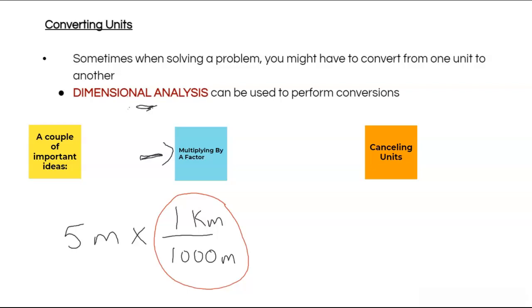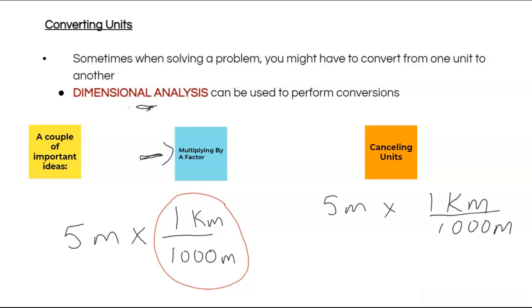Now, the second part that I want to talk about is canceling units. I'm going to use the same example as I've just used, right? I've got 5 meters, and I'm going to multiply that by 1 kilometer divided by 1,000 meters.